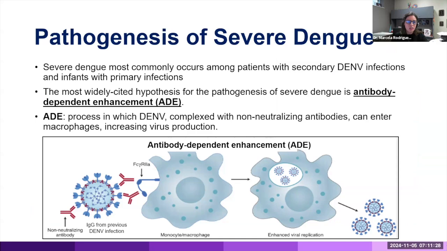ADE is a process in which the dengue virus complexed with non-neutralizing antibodies enters macrophages or monocytes, increasing virus production. So there is enhanced viral replication, increased virus production, and therefore a more intense and complicated illness.